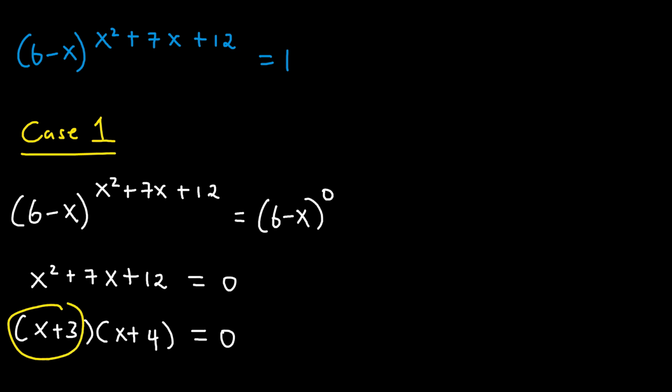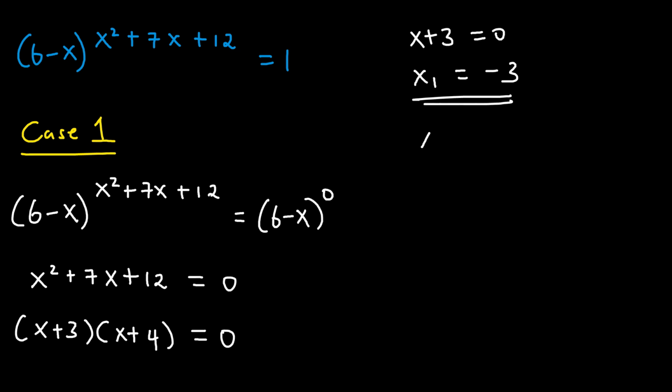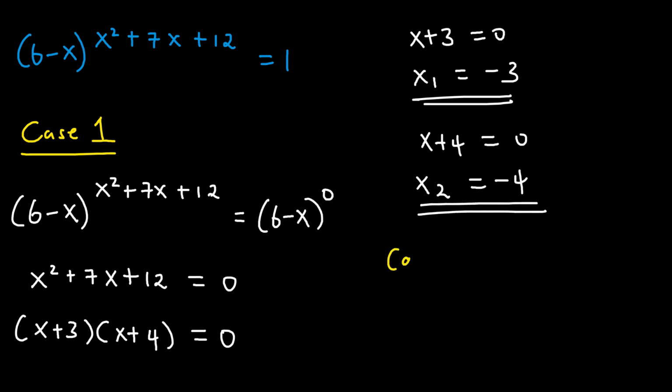Setting x plus 3 equal to 0, x1 will be equal to negative 3. And setting x plus 4 equal to 0, x2 will be equal to negative 4.